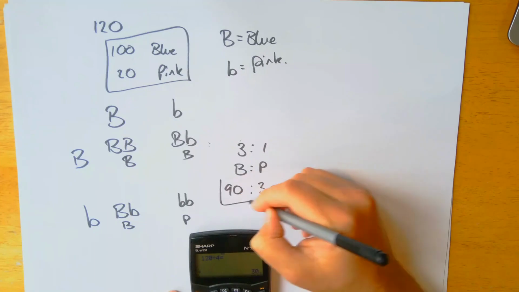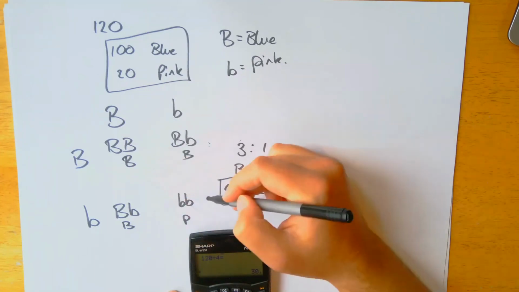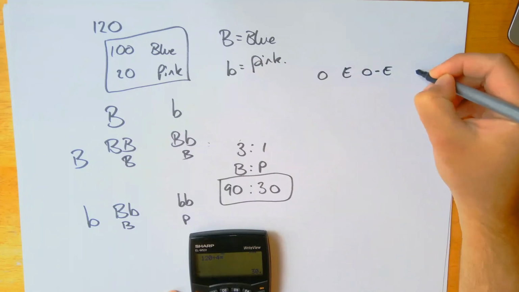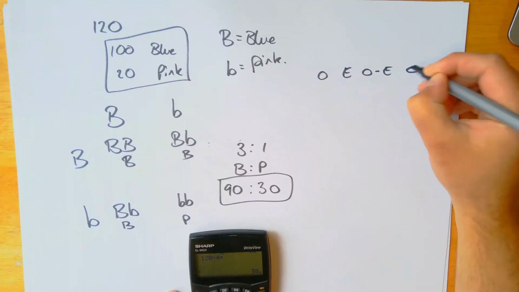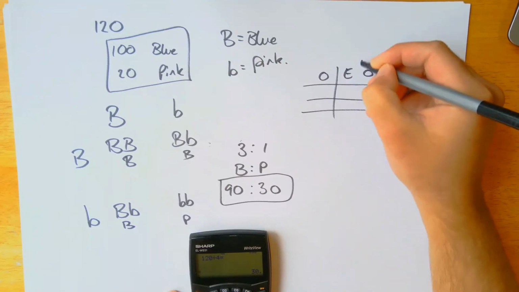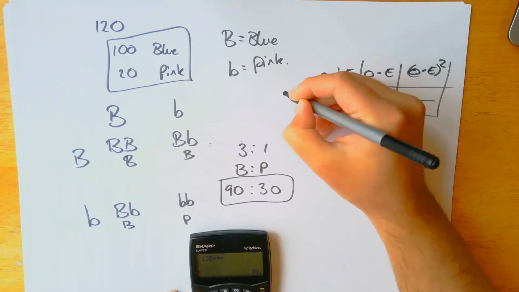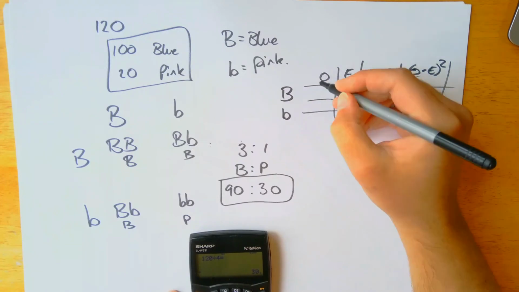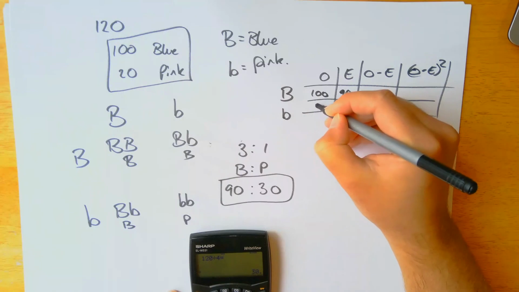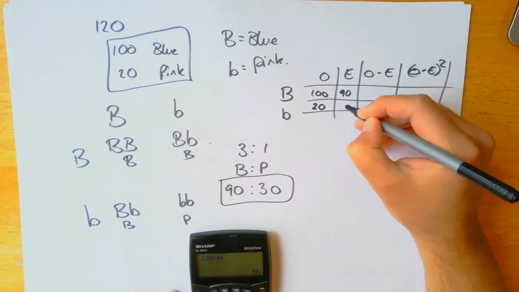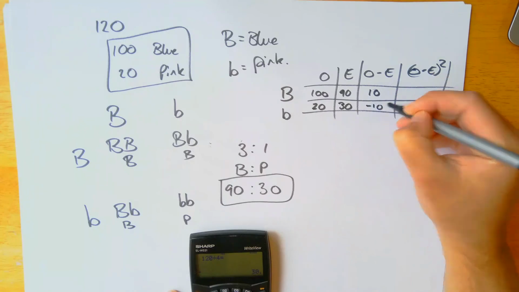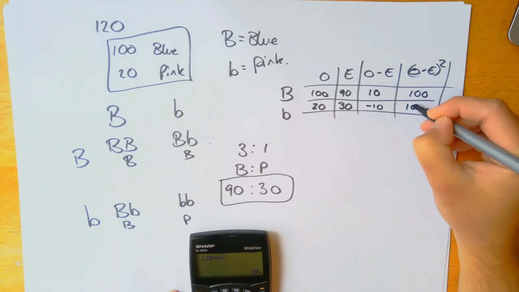So these would be my expected results if this probability were true. So again, O, E, O minus E, O minus E squared. For blue and for pink, the observed that we saw for blue was 100, the expected we'd get is 90. The observed we saw for pink was 20, the expected would be 30. O minus E is 10, O minus E is minus 10, 10 squared is 100, 100.